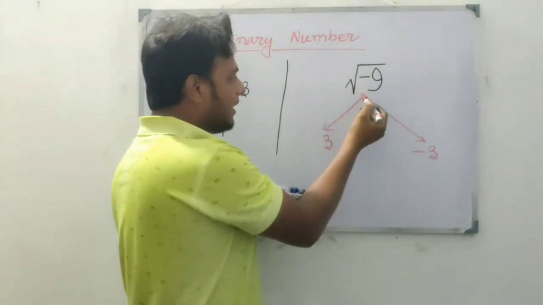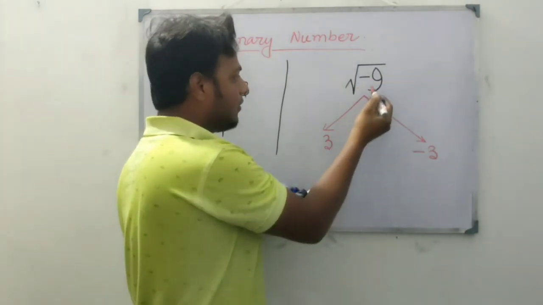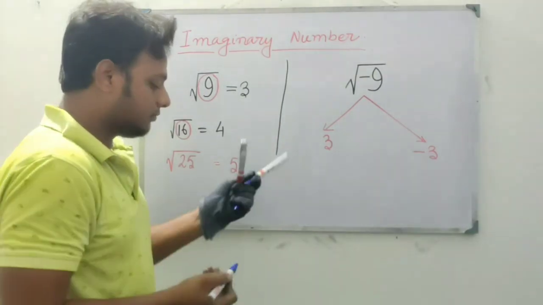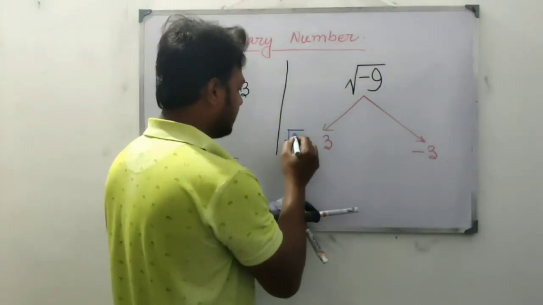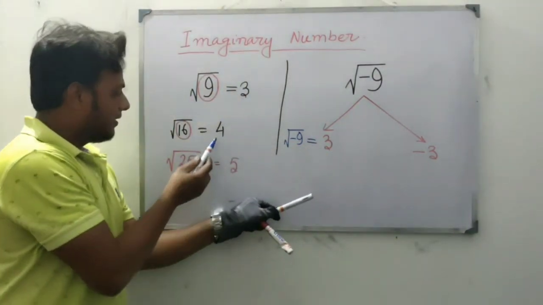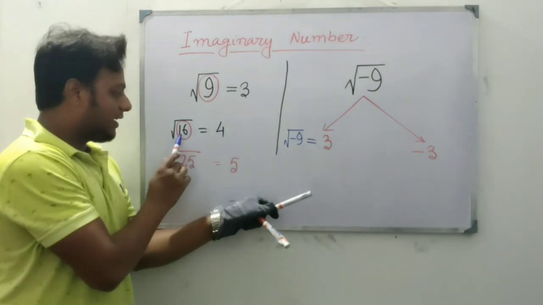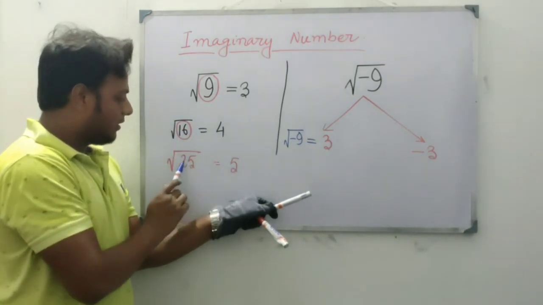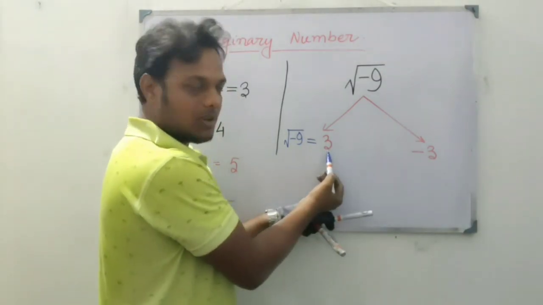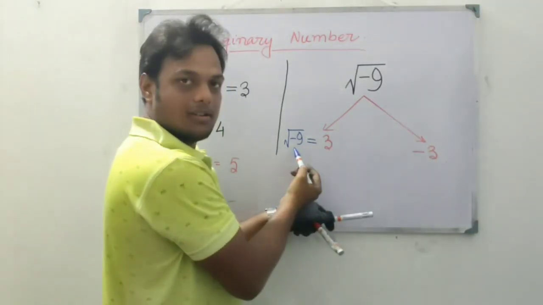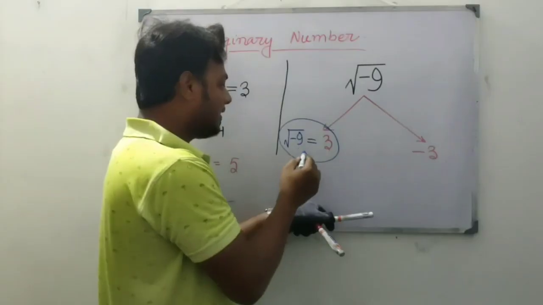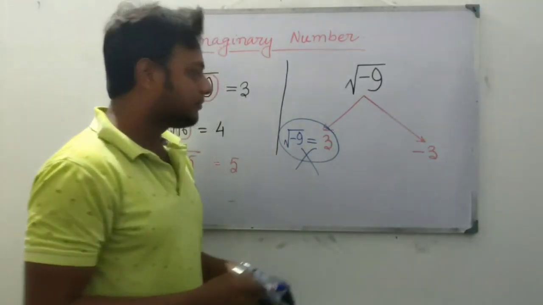If we declare that root over minus 9 equals 3, then 4 into 4 gives 16 and 5 into 5 gives 25, but is it true that 3 into 3 gives back minus 9? No, 3 into 3 means 9, not minus 9. So we can't consider this as the solution, so this is wrong.